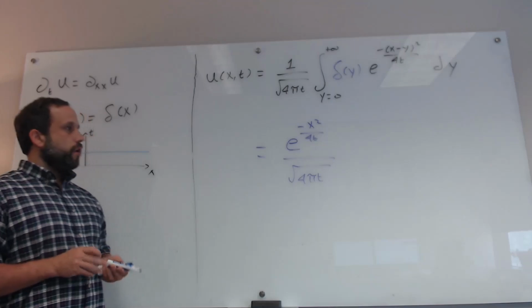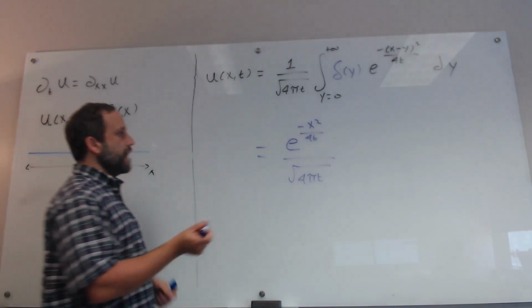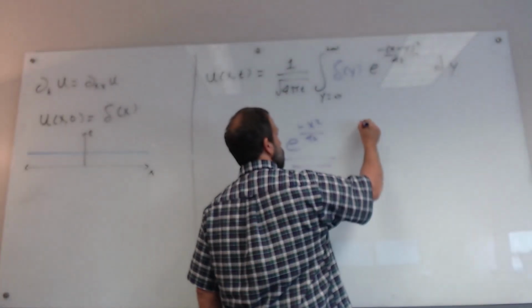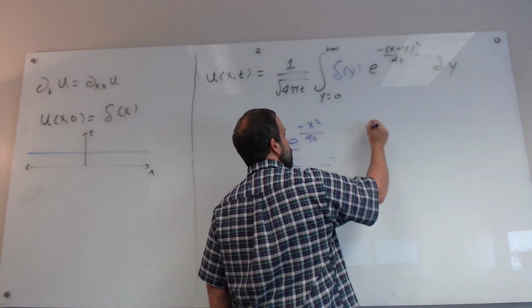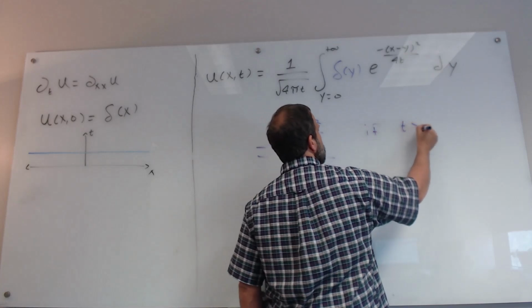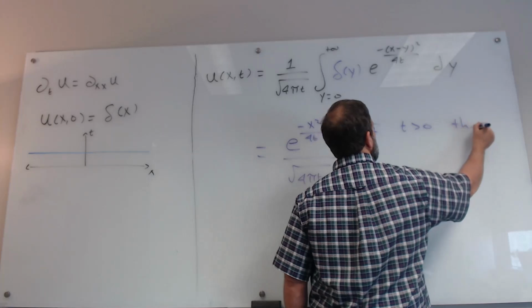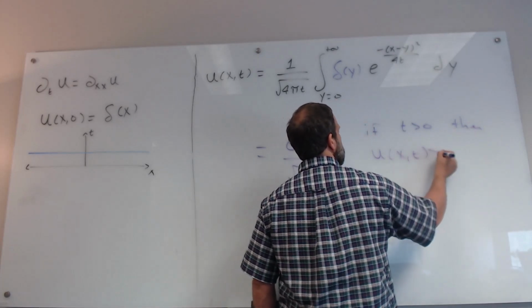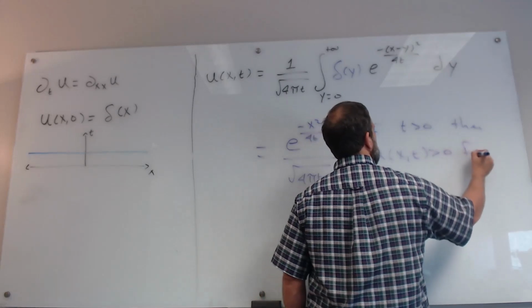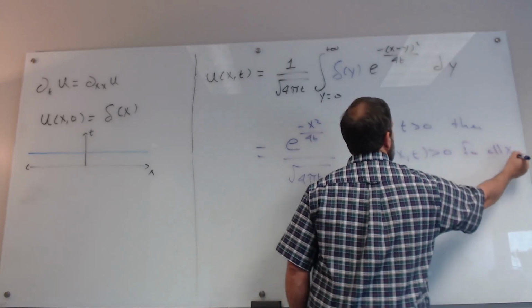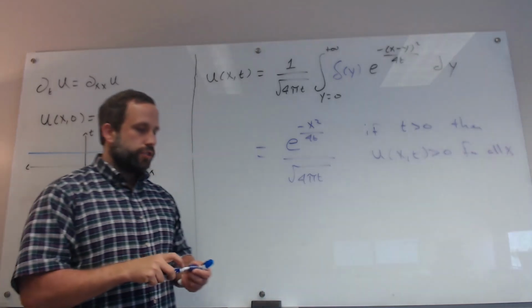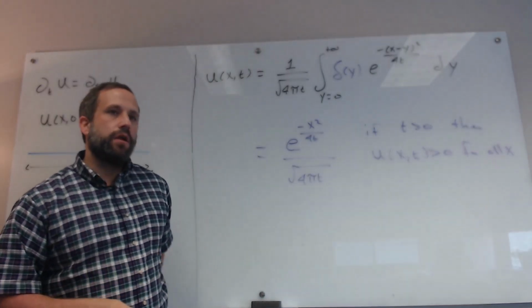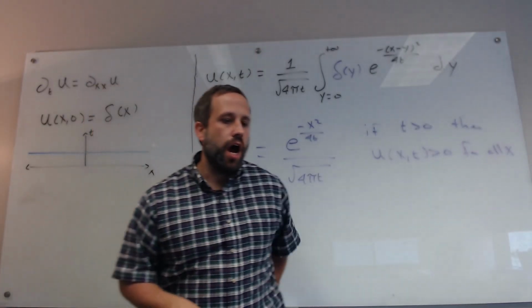The other thing to note here is that if t is greater than 0, then u of x,t is greater than 0 for all x. So imagine u is modeling the concentration of dye.